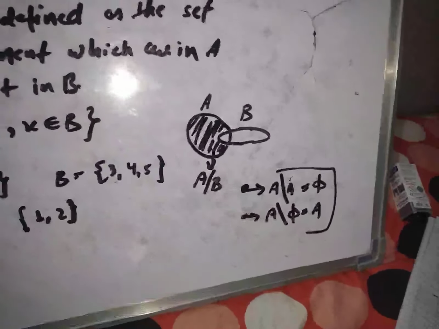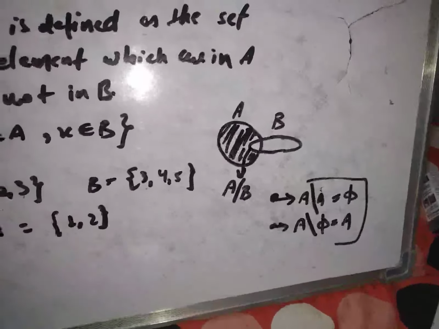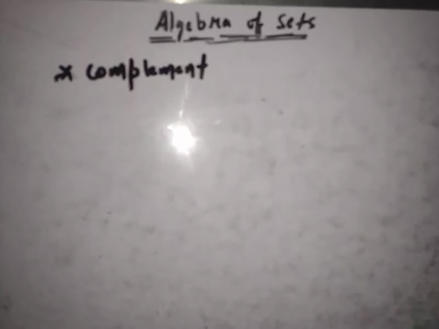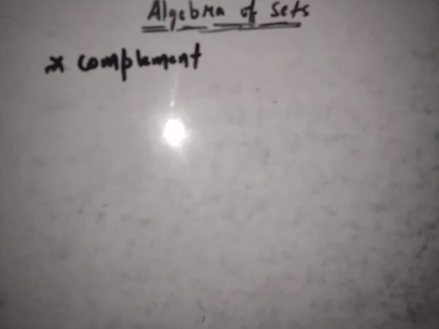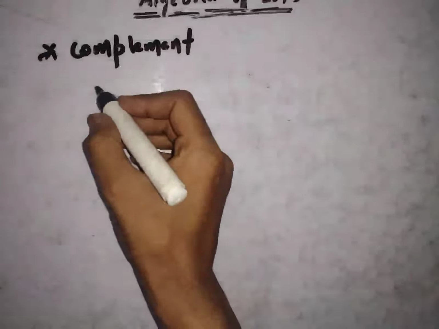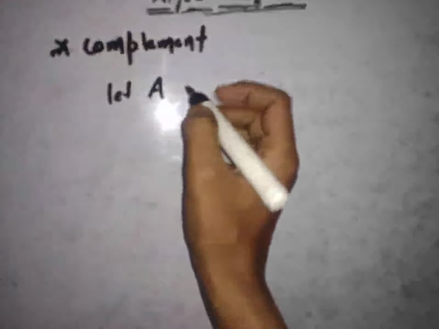Okay, now we shall learn about some more properties of a set. Now we shall learn about a new property that's called the complement of a set. So now let's talk about what a complement of a set is.